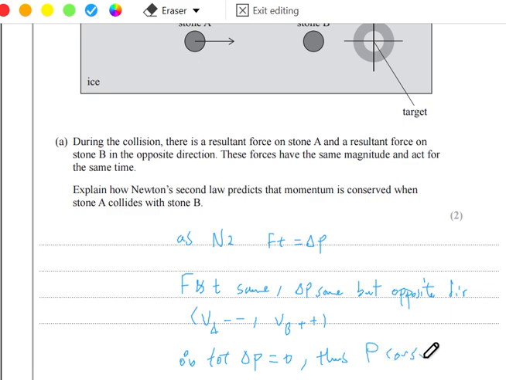Whenever any quantity that delta this quantity equal to 0, this means that this quantity is conserved. If, for example, delta V is 0, change in speed is 0, this means speed is constant. Even if the object is stationary, this means that its speed remains 0.